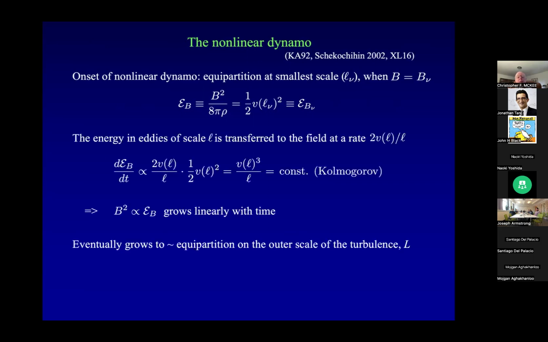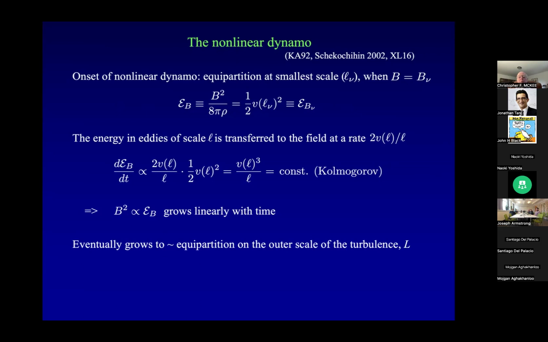The idea is that the energy in the eddies of scale L is transferred to the field at a rate 2V over L. The 2 is because it's an energy, so it goes like V squared. If you write down the time derivative of the magnetic energy, you have the 1/2 V squared as the energy, and I'm transferring it to larger scales at this rate, 2V over L. That gives me a V cubed over L.